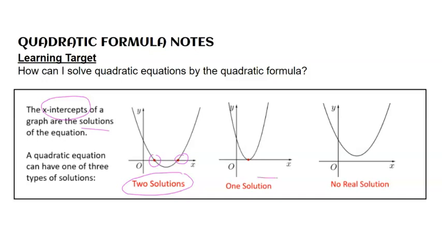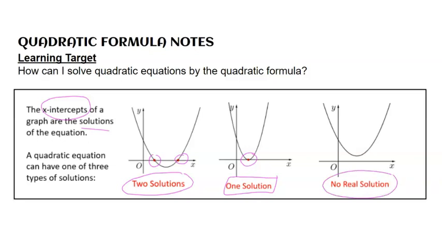Sometimes we only have one solution, where just that one point, the top or the bottom of that graph, touches the x-axis. And sometimes we will have no crossings on that x-axis, so we'll have no real solution.